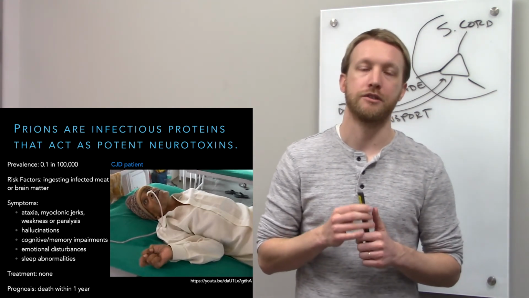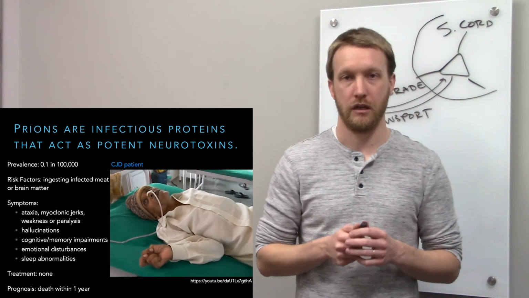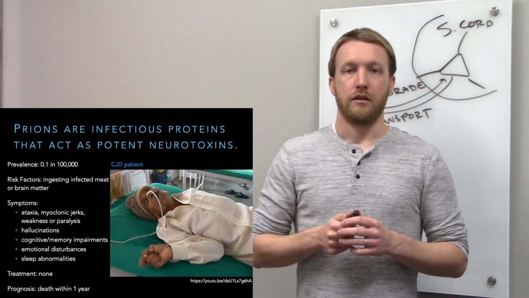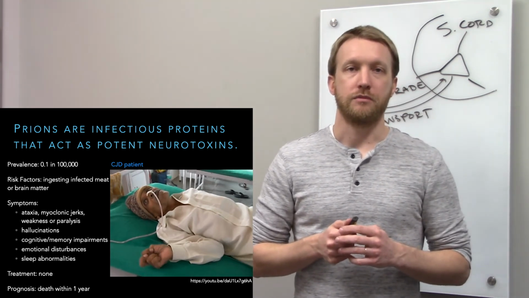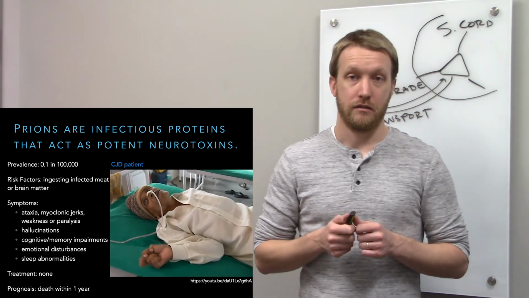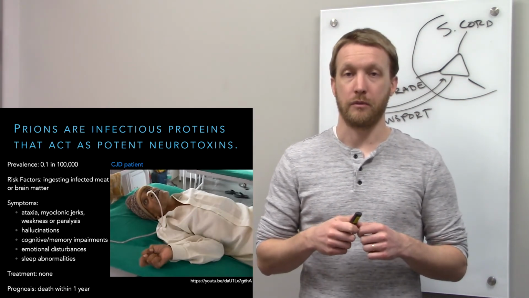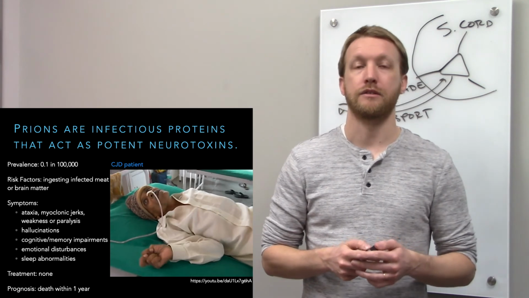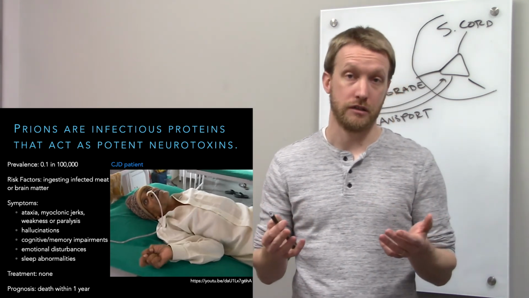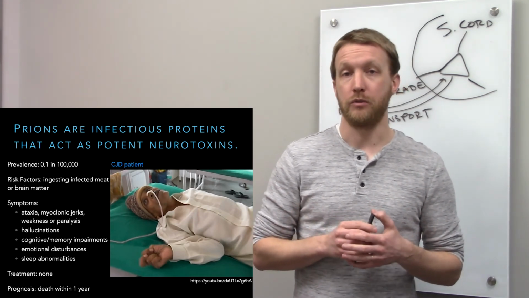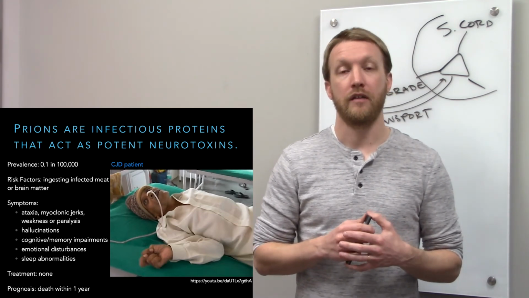Now, a prion is just an infectious protein. You acquire these infectious proteins by eating infected meat. So we've probably heard of mad cow disease, things like that. Mad cow disease is a prion disease. Because of that, we wouldn't want to eat any of the cows that have mad cow disease.